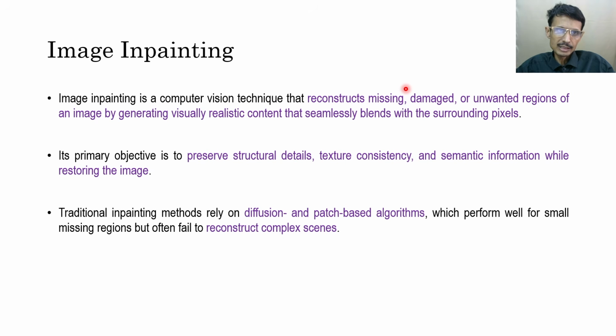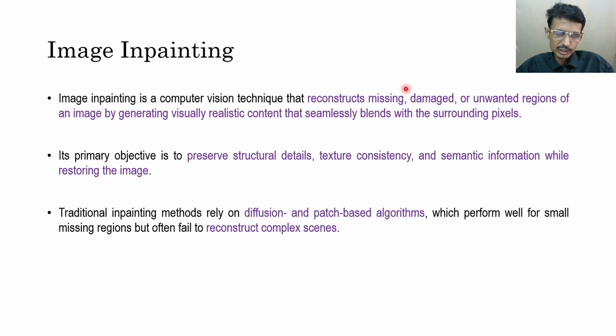Our next topic is image inpainting. Image inpainting is a computer vision technique that reconstructs missing, damaged, or unwanted regions of an image by generating visually realistic content that seamlessly blends with the surrounding pixels. The primary objective is to preserve the structural detail, textural consistency, and semantic information while restoring the image.